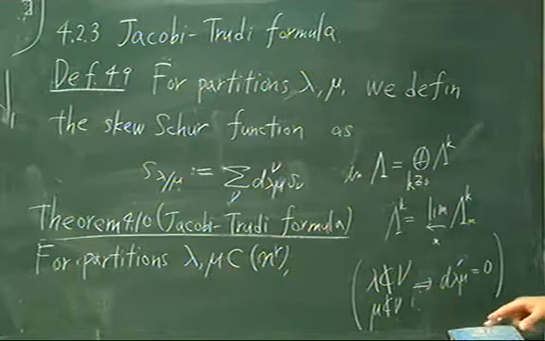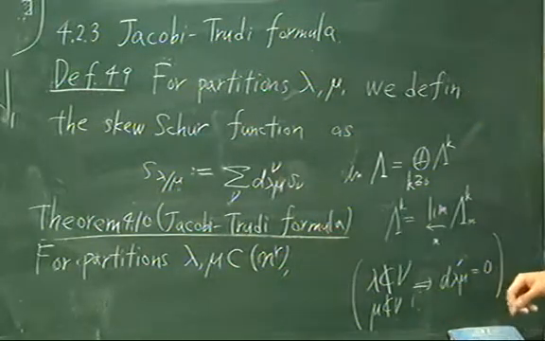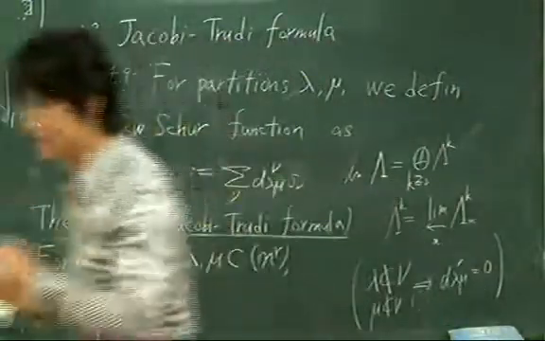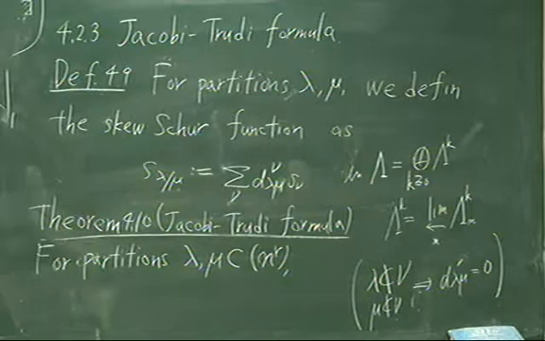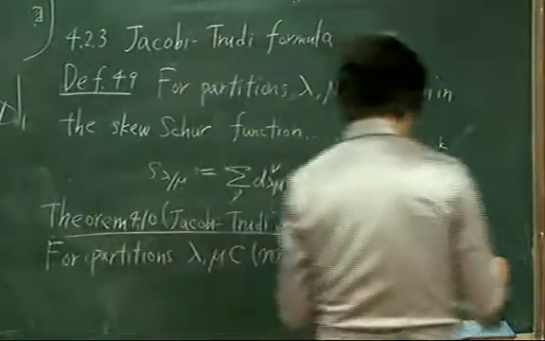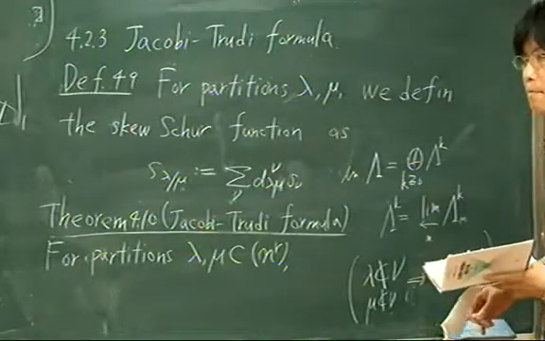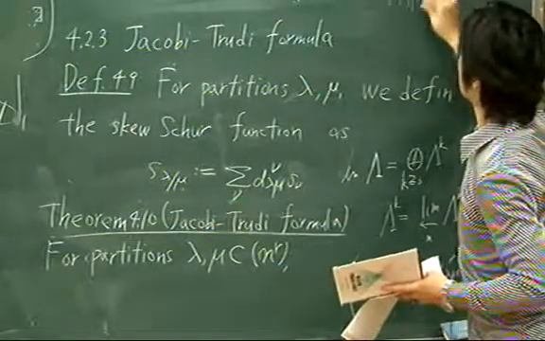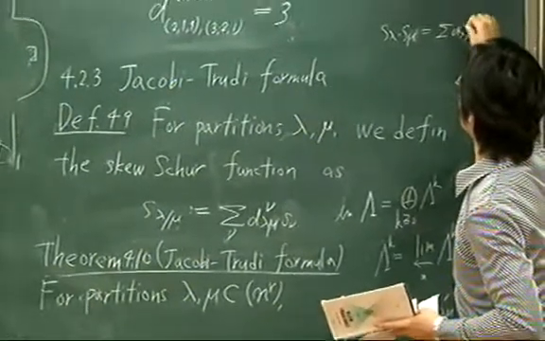Literally, S lambda times S mu is given this way: the sum of d lambda mu nu times S nu.